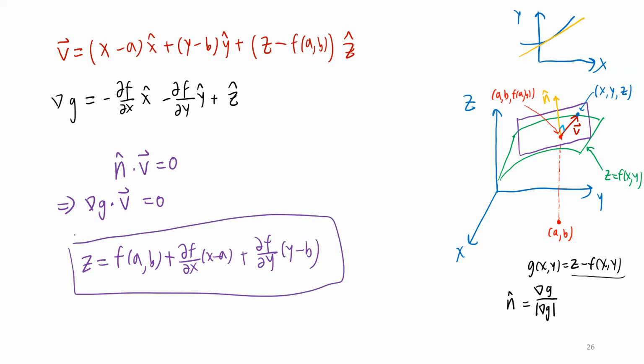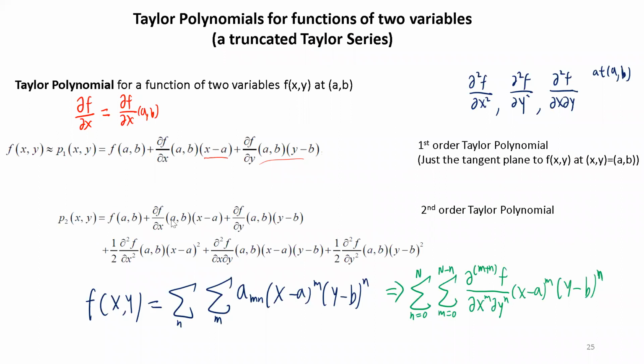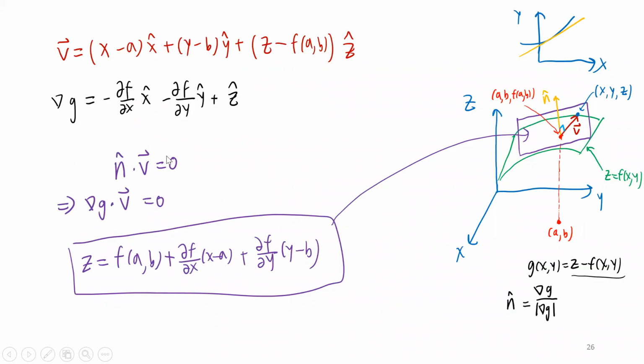So this is the equation for this plane by making use of this dot product. And again, remember that these partial derivatives are evaluated at A and B. And this is exactly the first order Taylor polynomial for this two variable function. So that everything makes sense.